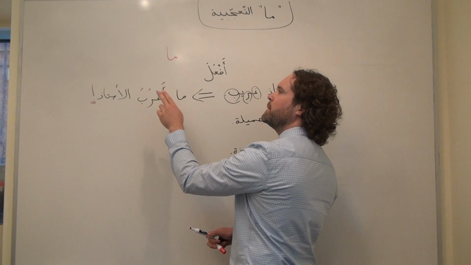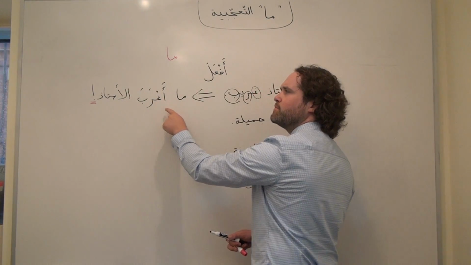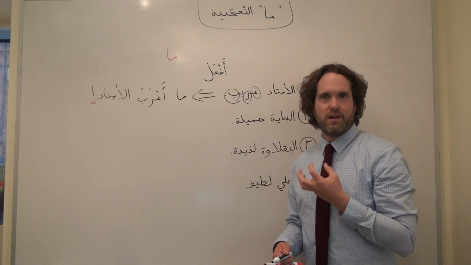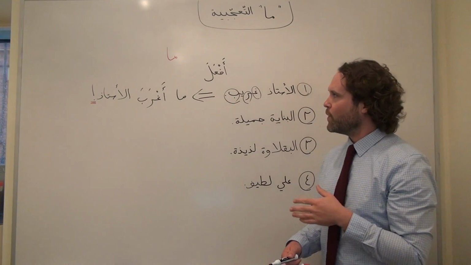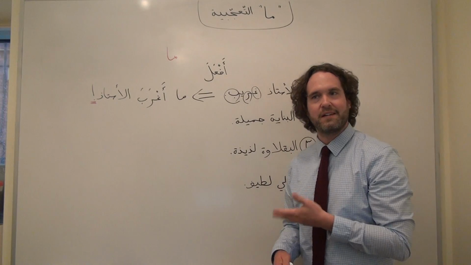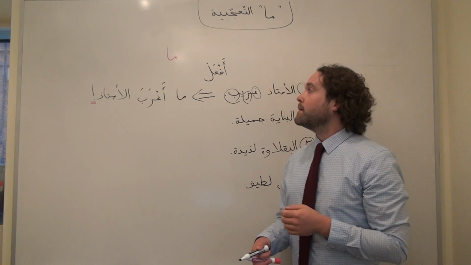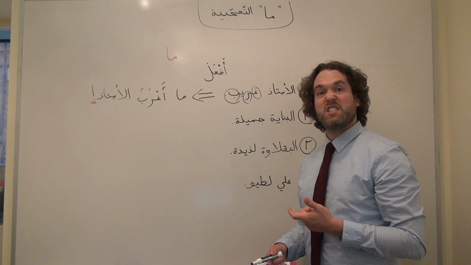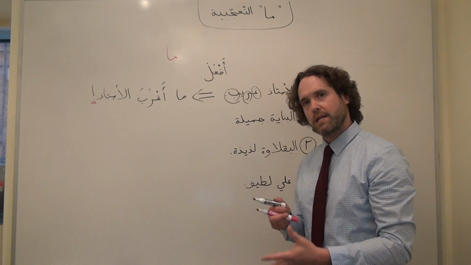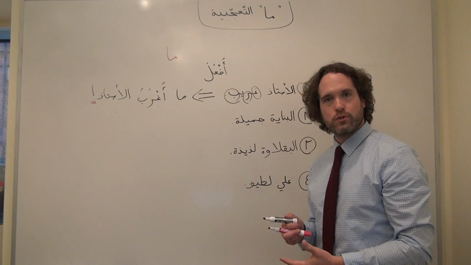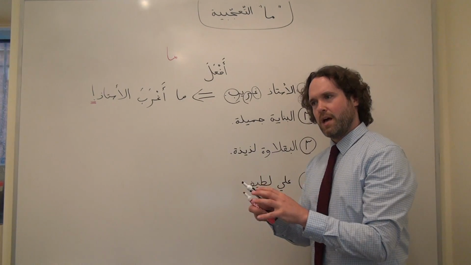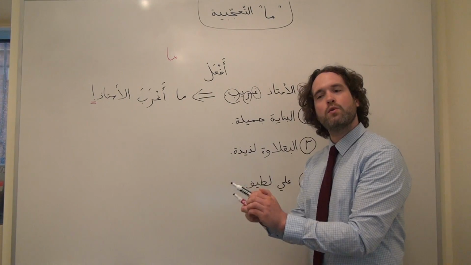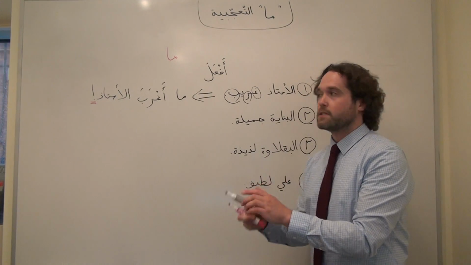Who or what made the ustadh so very strange? Ma aghrab al-ustadh. What is the source of the strangeness? Or what strangified the professor? Functionally, that's exactly how it's going to look. It's going to look very similar to the superlative construction, and if that helps you conceptualize it, there's no harm in maintaining those associations, but know that it is a little bit different.